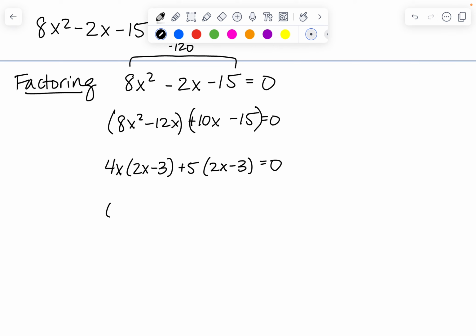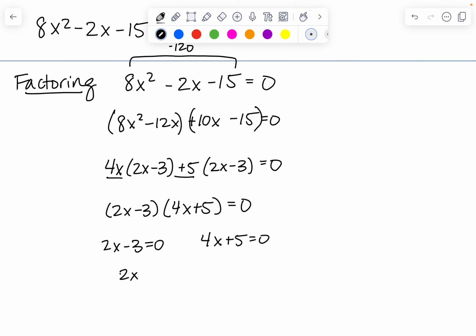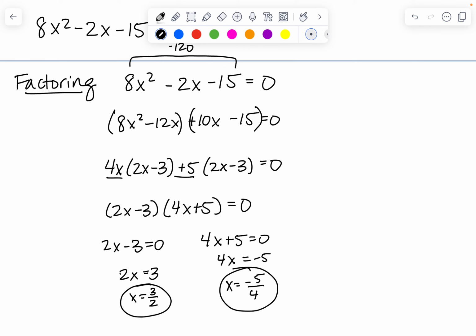And then I'm going to write down 2x minus 3 times 4x plus 5 equals 0. And then you know the rest. Take the first one, set it equal to 0. Take the second one, set it equal to 0. Add 3, divide by 2. Here, we're going to subtract 5, divide by 4. Two answers. So that's how you do that one by factoring.